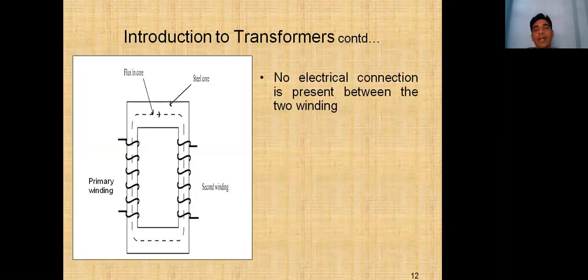No electrical connection is present between the two windings. The two windings, primary winding and secondary winding, are electrically isolated but magnetically coupled.